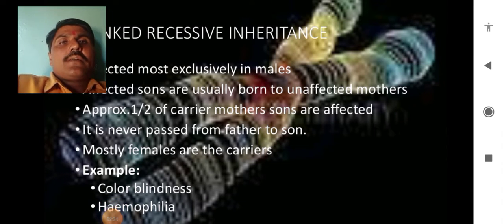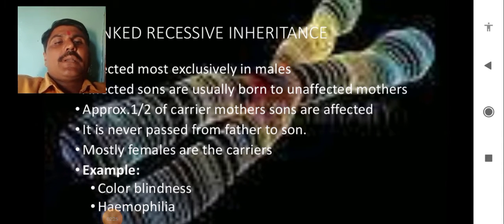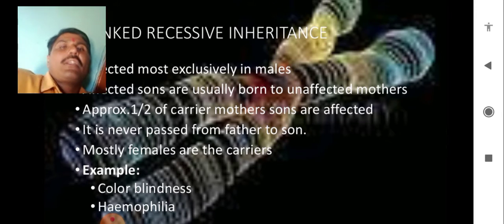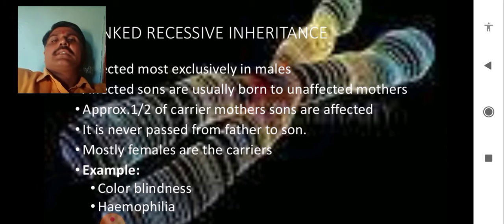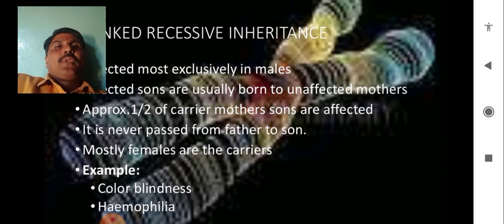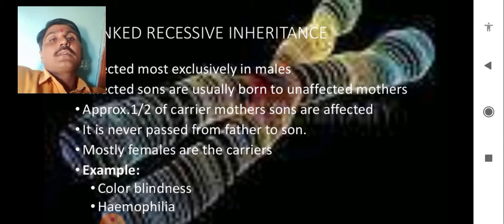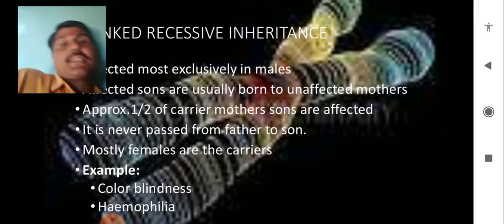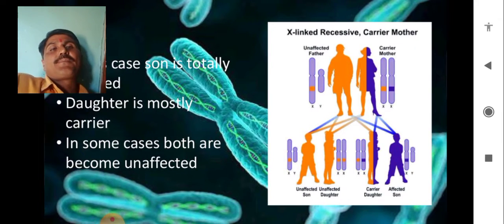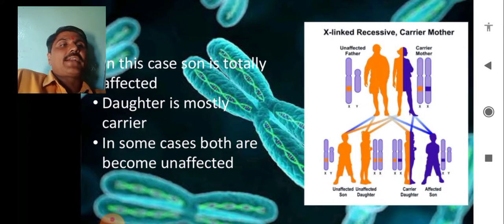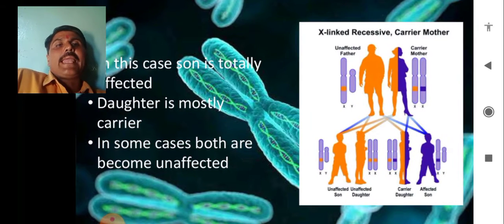In this regard, we find color blindness and hemophilia in the progeny. We are all aware of this disease. The disease is identified in a person whose blood doesn't clot in such cases. So what happens in this case? The son is totally affected and the daughter is mostly a carrier.